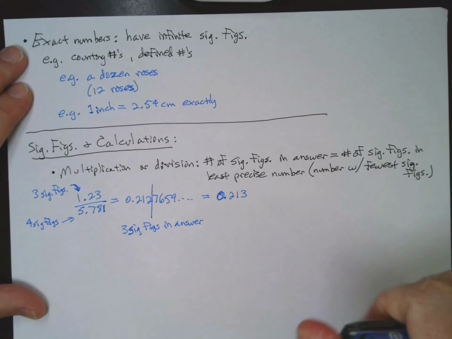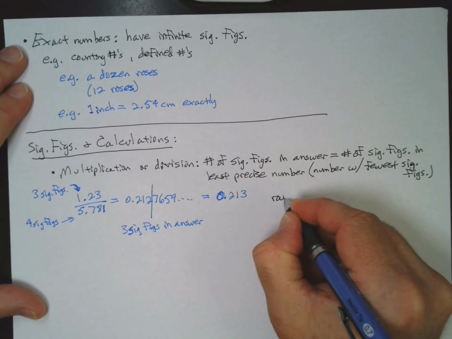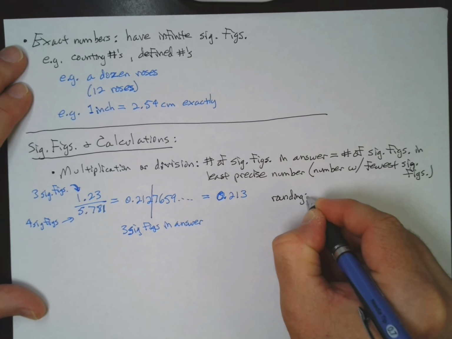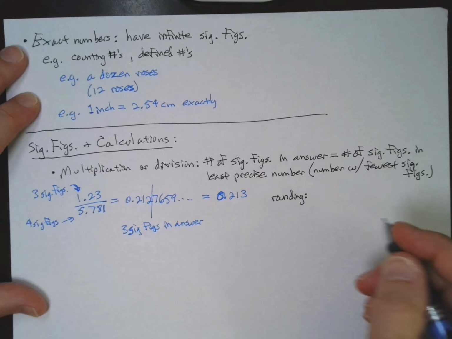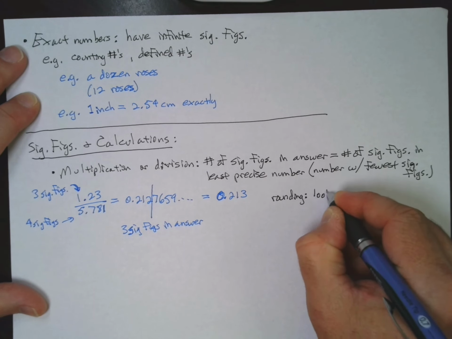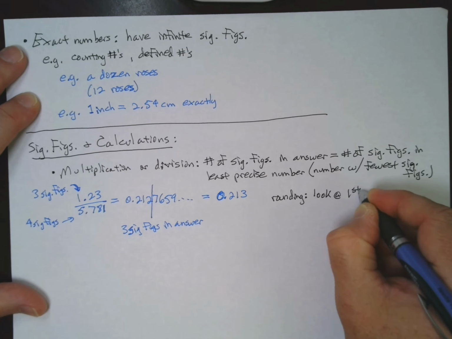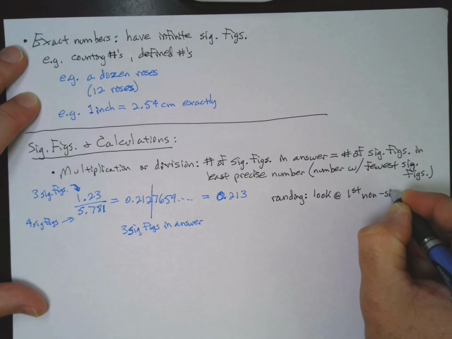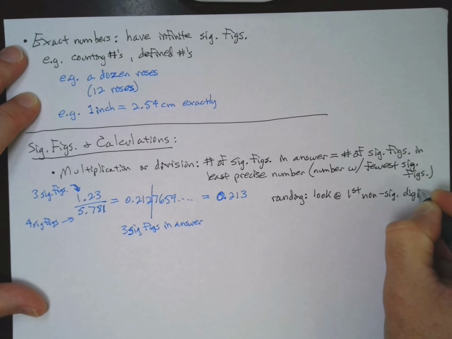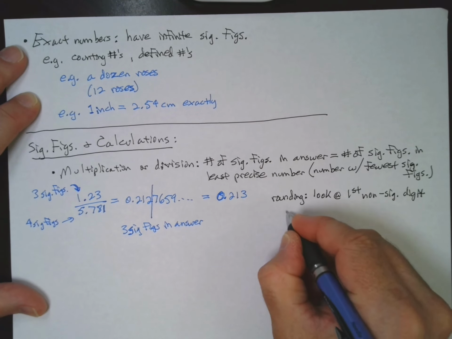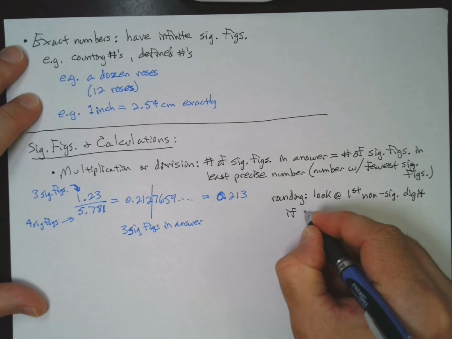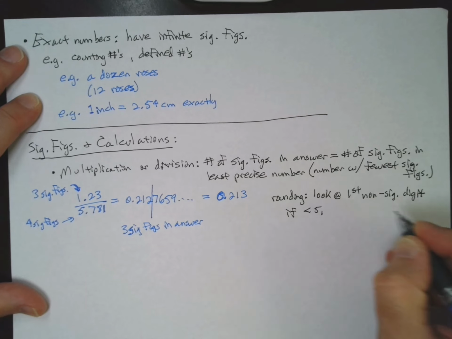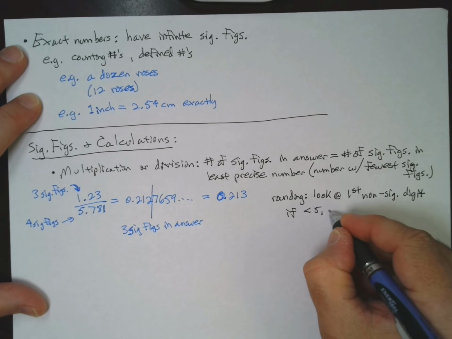Okay, so remember your rules for rounding. So we're going to look at the first non-significant digit. And then if the digit is less than 5, we just drop the digit.